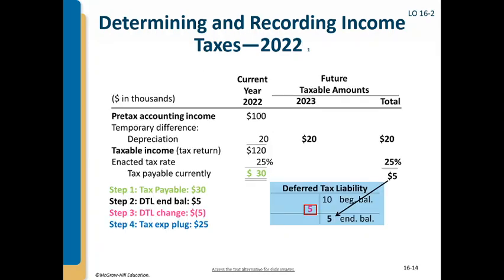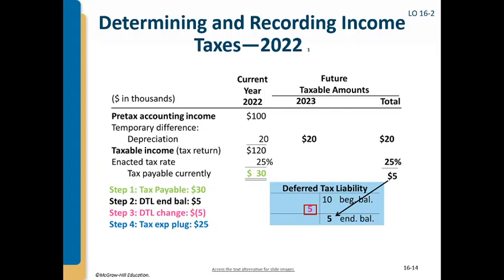Now in year 2, you're now in 2022. Again, you go through your steps, figure out your taxes payable. You now have taxable income of 120,000. You multiply that times 25%, you get tax payable of 30,000.